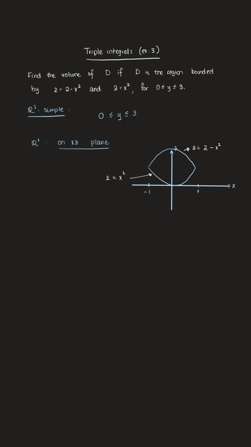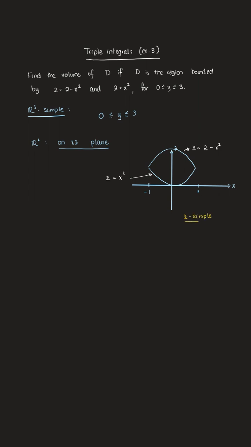So now our problem is we've already picked out our y simple for our R3. And so now we can just think about how we might integrate over this xz plane. Since z is written as a function of x, let's choose z simple, and then we'll integrate x.